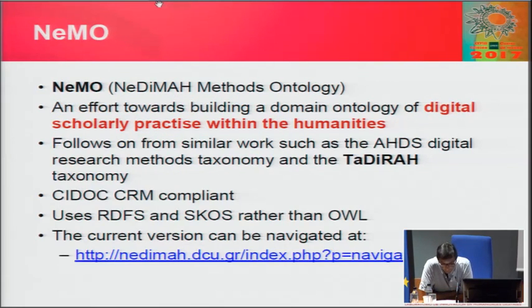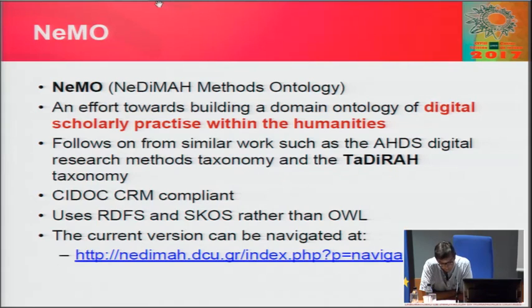Before I move on to the next topic, I just want to mention another important and useful resource, which is NeMO, a domain ontology dealing with digital scholarly practice within the humanities. It's part of the project called NeDiMAH, a DARIAH-affiliated project, and NeMO is one of the main key outputs of the project.